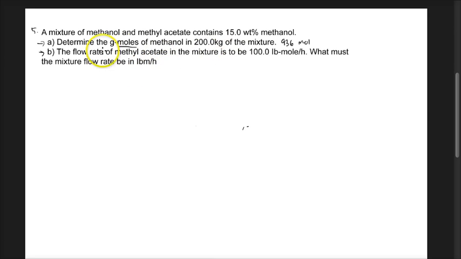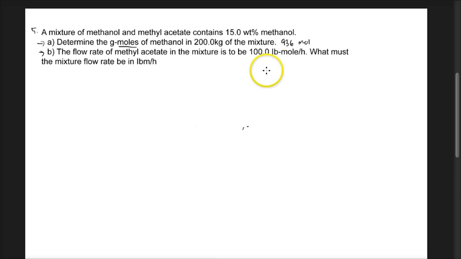So it gives us the amount of methyl acetate in pound mole per hour, and we need to convert this to the mixture flow rate, which is the overall mixture. Methyl acetate is 85% of the mixture, while the other 15% is methanol.